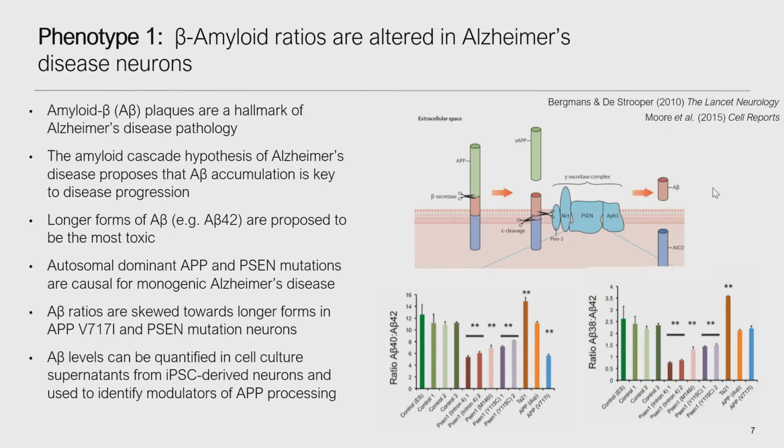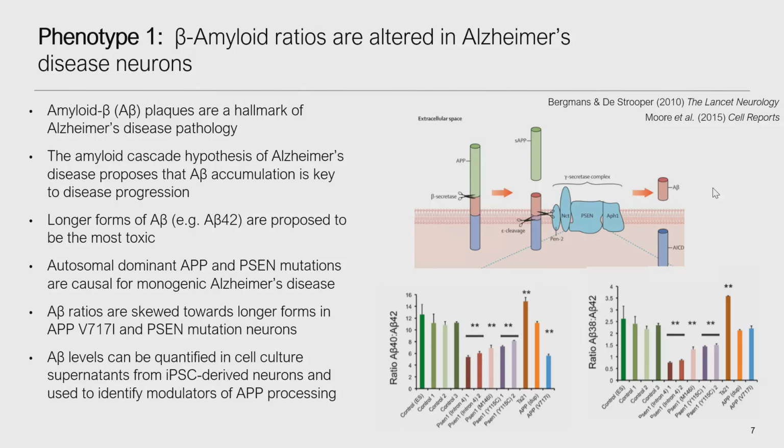So I'll show you a couple of examples of disease phenotypes. The first one is the altered beta amyloid ratio in some of the APP and PSEN mutation neurons. Now, many of you will know that amyloid beta plaques are really a hallmark of Alzheimer's disease pathology and have been targeted themselves with antibodies, which have now actually been approved by the FDA.